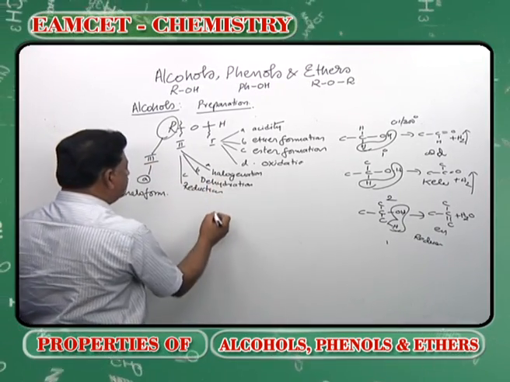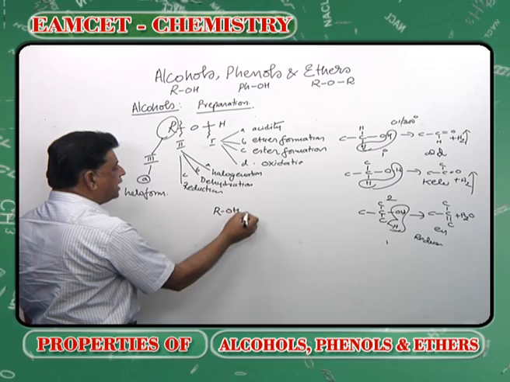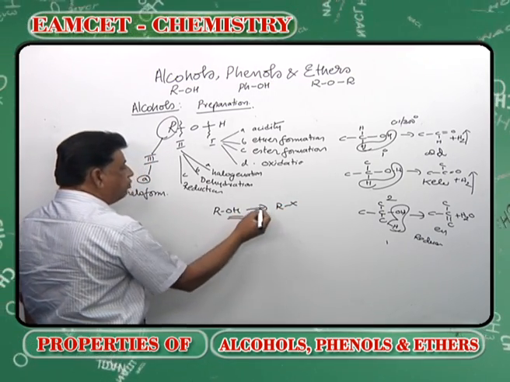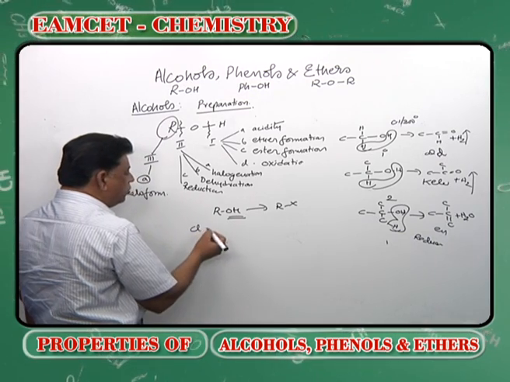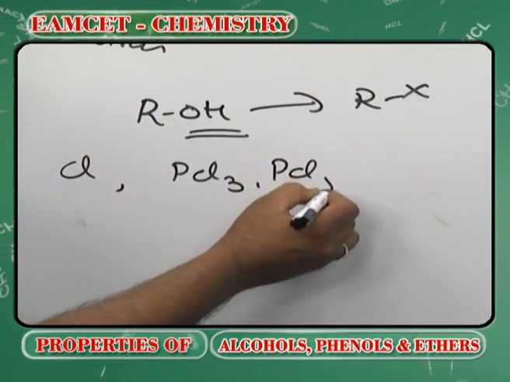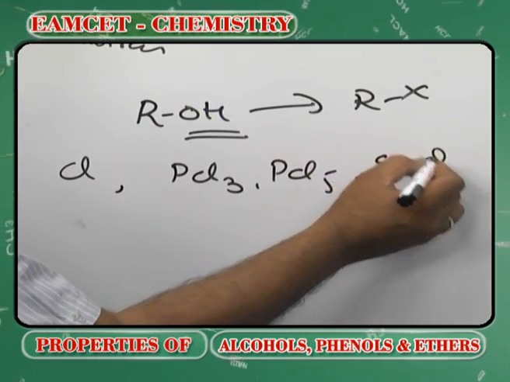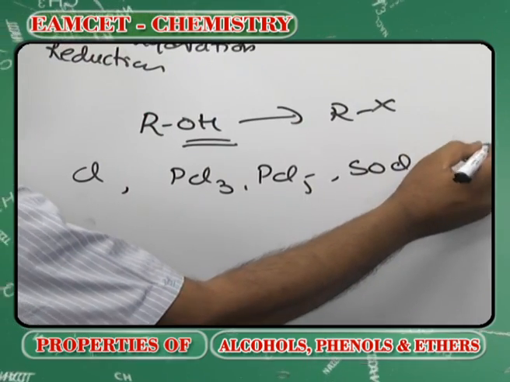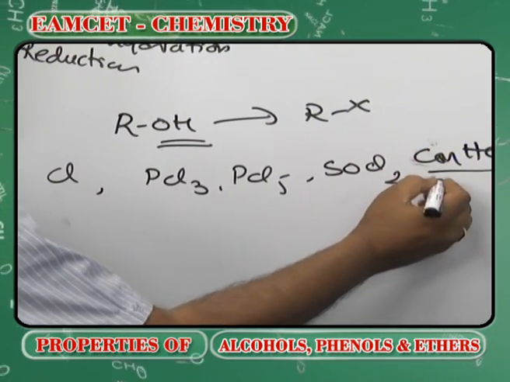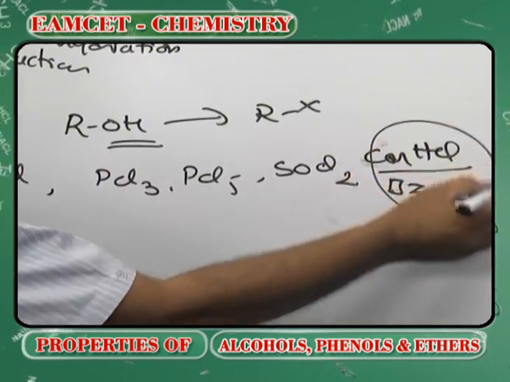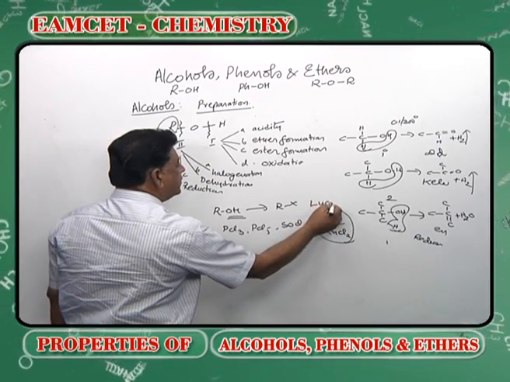Halogenation. In halogenation, alcohols can be converted into RX. What type of halogen? If you want to use chlorination, you have reagents like PCl3, PCl5, SOCl2, and concentrated HCl with anhydrous zinc chloride. This particular reagent we have also seen as Lucas reagent.